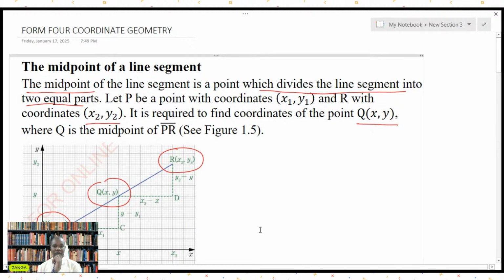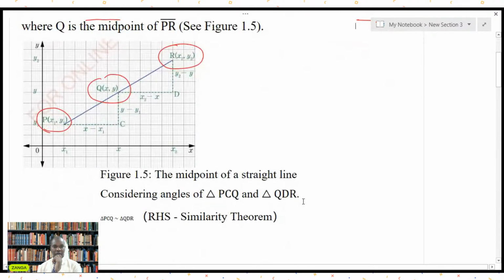So we are going to derive the formula for the midpoint of PR by considering the triangle PCQ, this triangle here, and the triangle QDR. These two triangles are similar triangles.